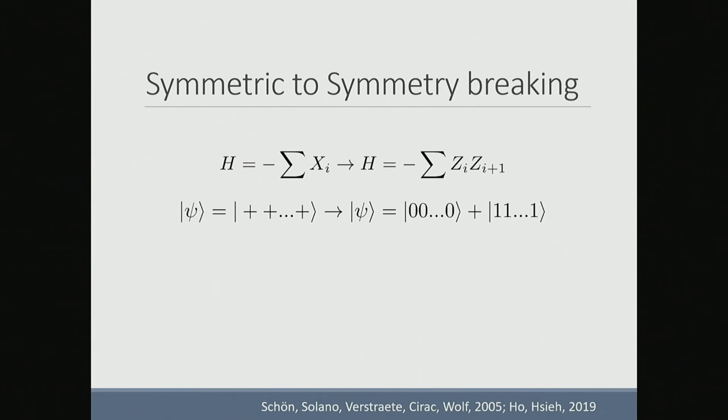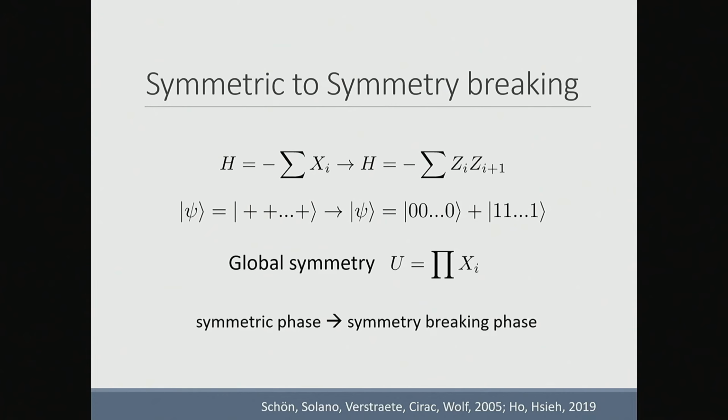And on the one side, the ground state wave function is simply a product state of plus, plus, plus, plus, plus. On the other side, it's the famous GHZ state, where it's a global superposition of all spin down plus all spin up. Okay. And very famously, of course, these are two different phases.